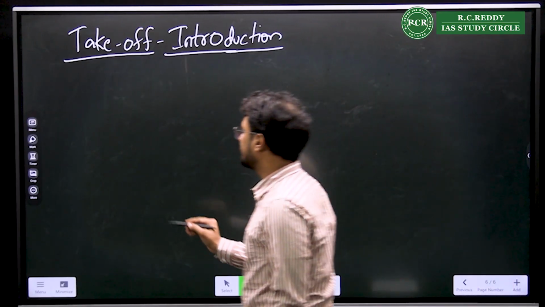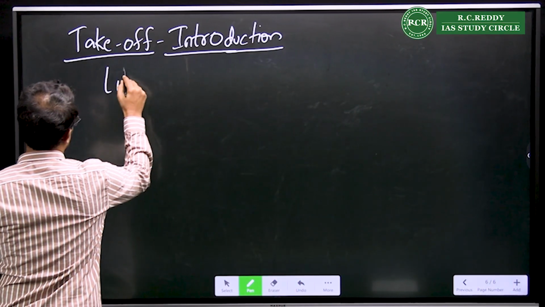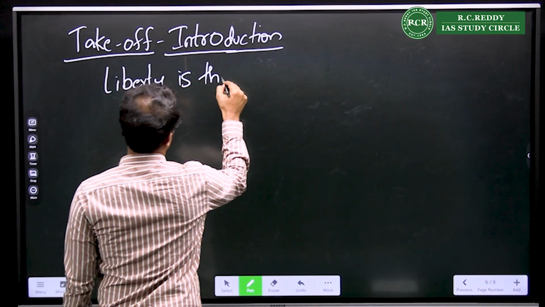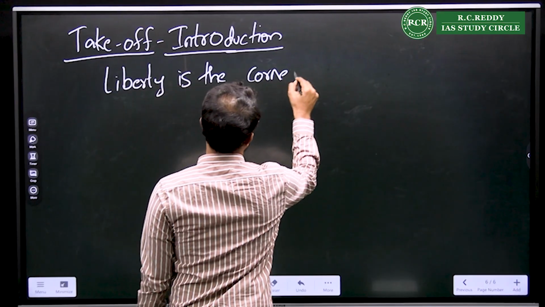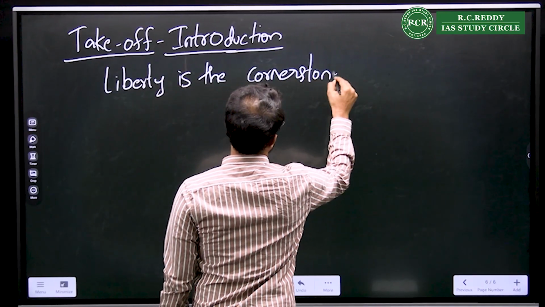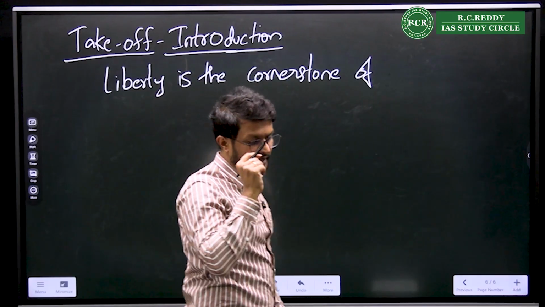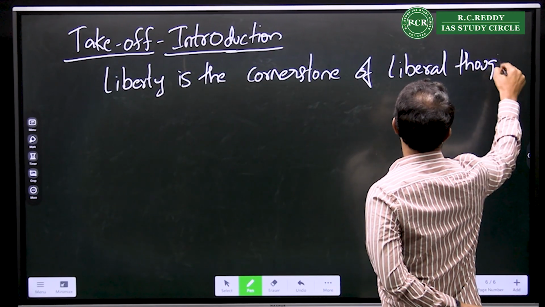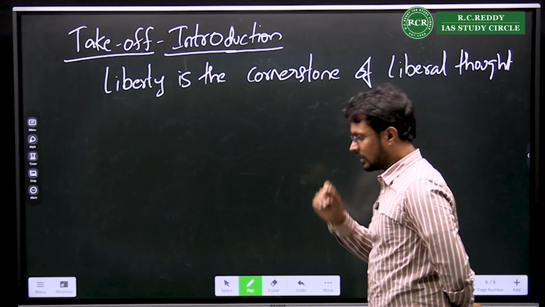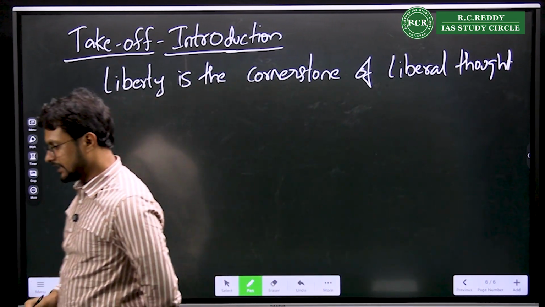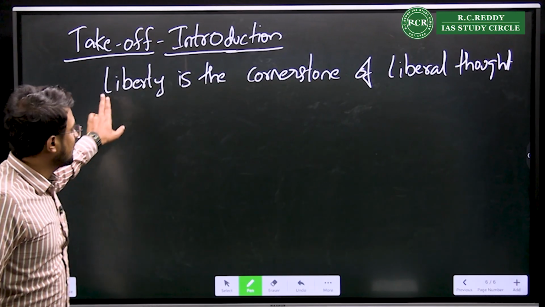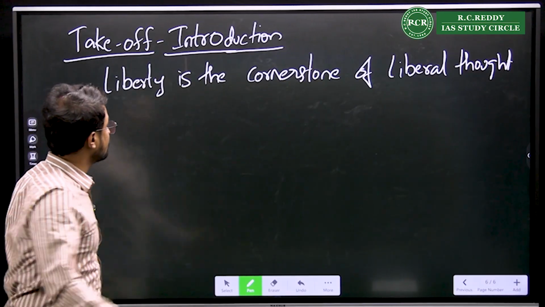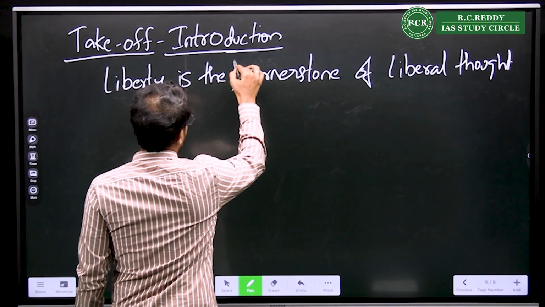And hence we can start by saying liberty is the cornerstone of liberal thought. Like thought, it is the amalgamation of all the liberal thinkers. The thought is actually, liberty is the cornerstone, it is even in fact to say the philosophical cornerstone.